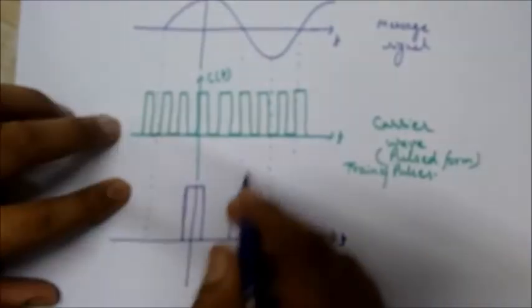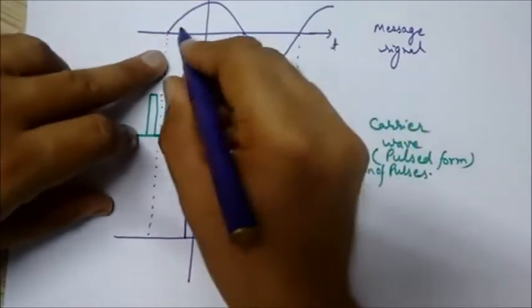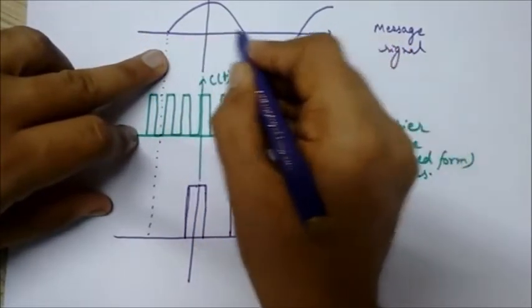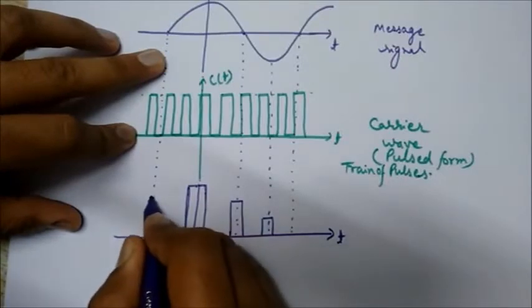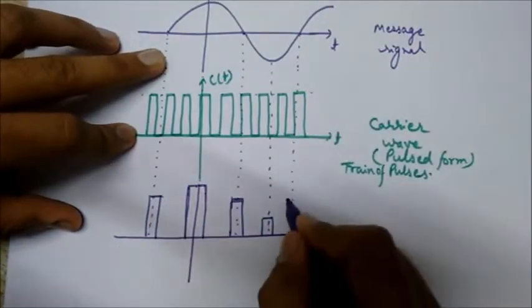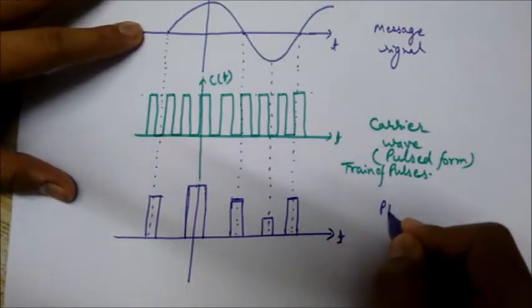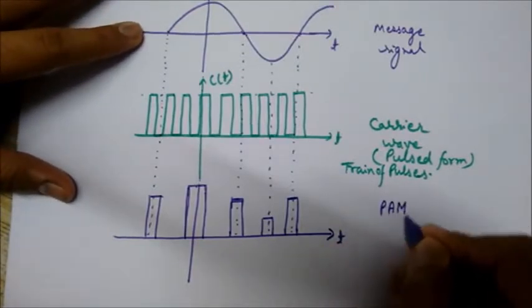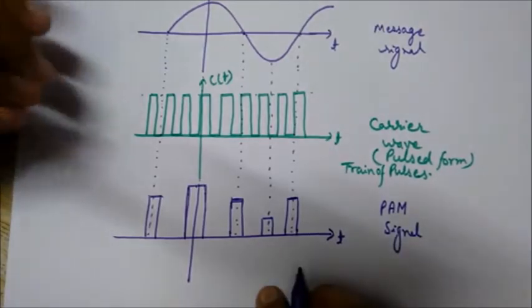Since these are the zero values, the amplitude of all these 3 points shown here will be the same, equal to this one. So this is the PAM signal, pulse amplitude modulation.